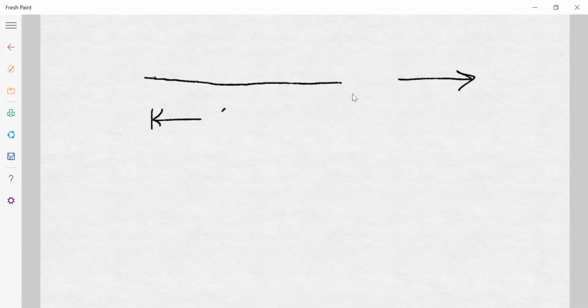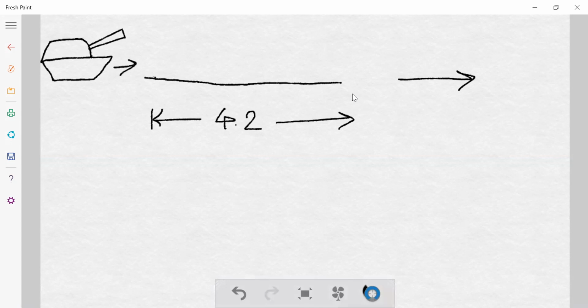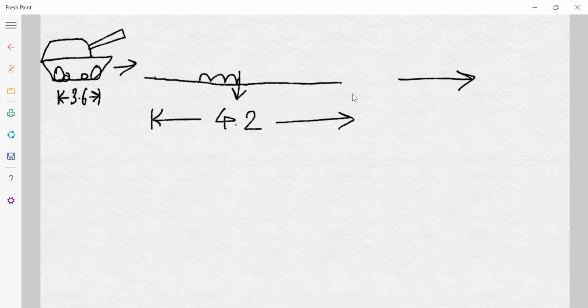This is 4.2. So when the vehicle, this tank, will move like this, this one is 3.6. The bending moment will be highest when the tank is at the midpoint, at the middle.